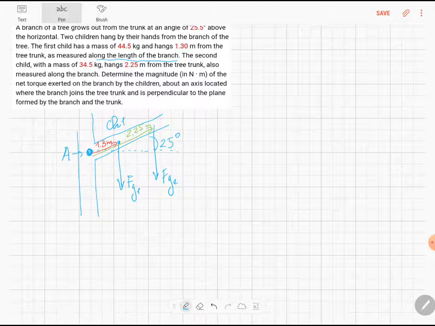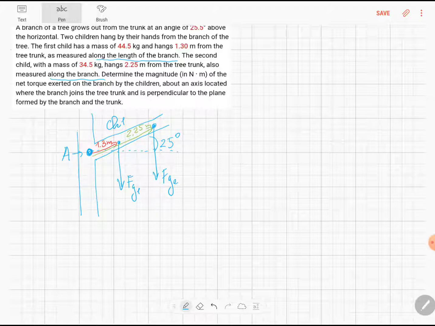Okay, and there is a second child who is 2.25 meters away, again measured along the branch, so like that.